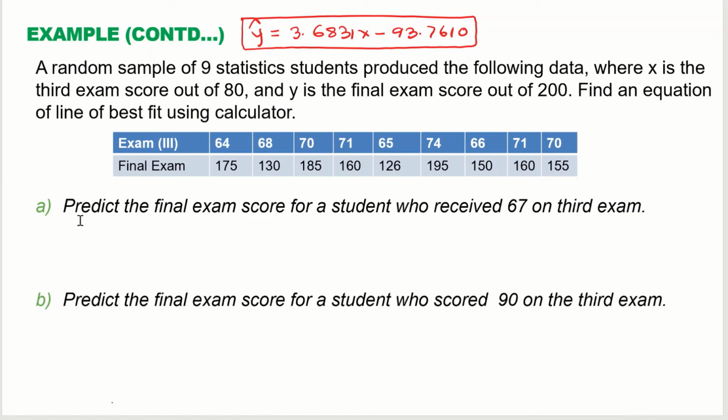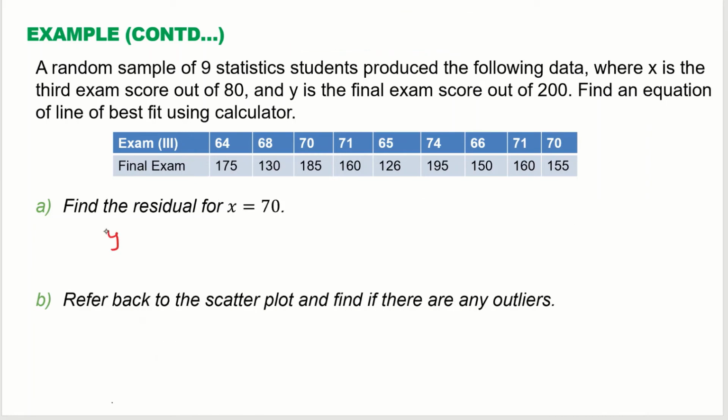Here we are asked to predict the final exam score for the student who received 67 on the third exam. So if x is 67, we don't have 67 here. If it was 67, what will be the final exam score? We need to find that. So the predicted value, let's see.